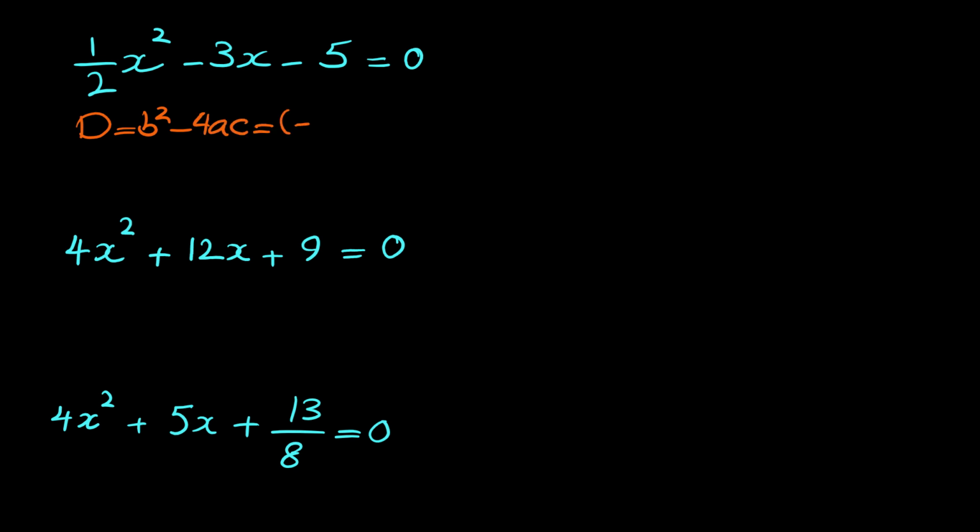b to the 2 is negative 3 to the 2, minus 4 times a, which is 1/2, and c, which is negative 5. Negative 3 to the 2 is 9. 4 times 1/2 is 2. 2 times negative 5 is negative 10, but don't forget you have a negative for negative 4.